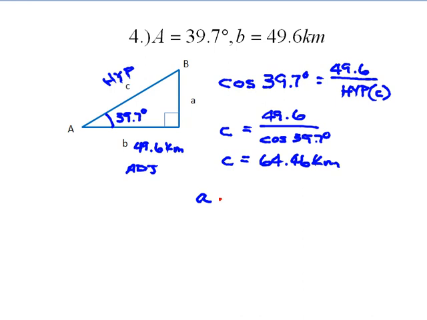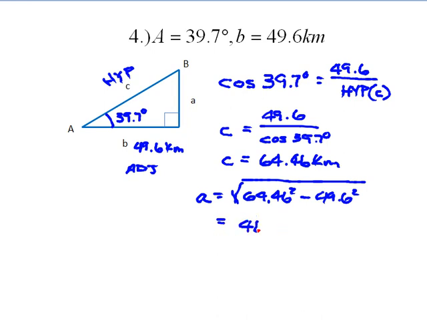We can find A by using the Pythagorean theorem. We'll take 64.46 squared minus, I can't read my own writing, 49.6 squared, and A should be equal to 41.2 kilometers.